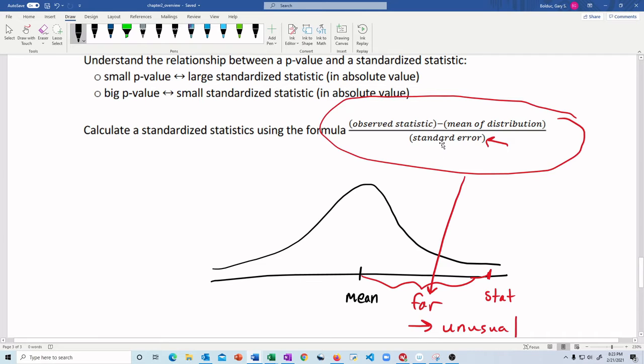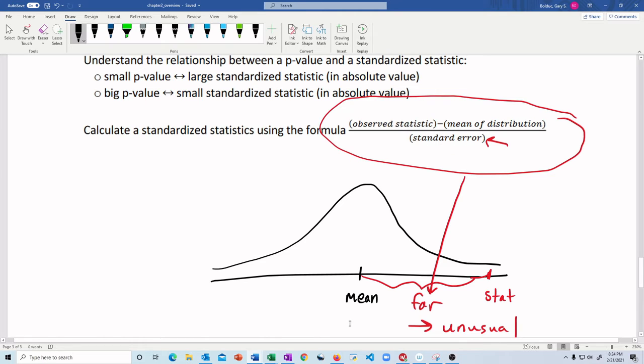So in the 2SD method, it's all connected. We're going to do our statistic minus the mean of our distribution, and then divide by this number called the standard error, which we'll have to talk a bit about, why we do that. But just believe me now that this division is something we'd want to do.